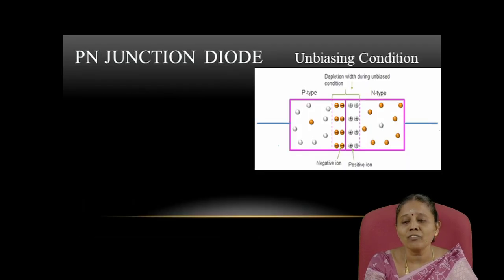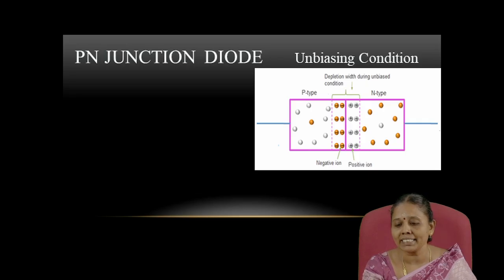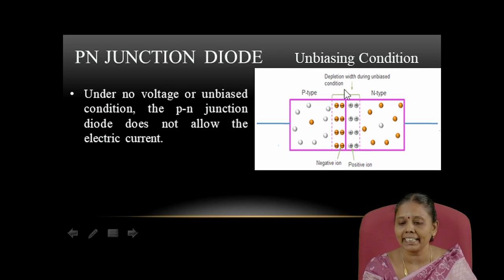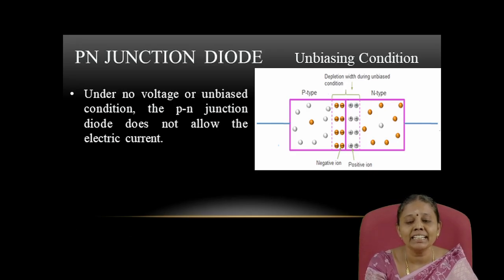Next comes the unbiased condition. Here we see that in the P side, holes are the majority carriers and in the N side, electrons are the majority carriers. Here the depletion width in the unbiased condition is represented. So, under no voltage or unbiased condition, the diode does not allow current to flow through it.